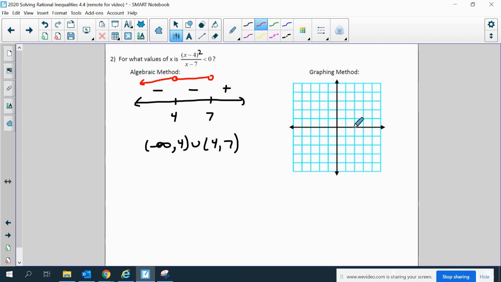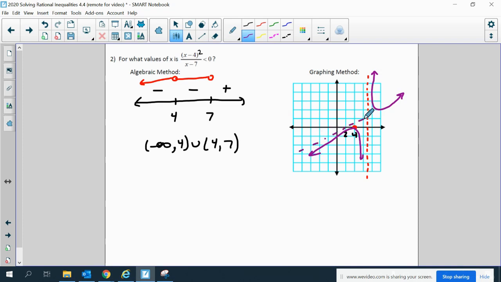So now I'm going to scale the x's by 2, so it's a little bit easier to fit on the graph. I have a vertical asymptote at 7. And what would end up happening is this is going to bounce at 4. And it would look something like this.